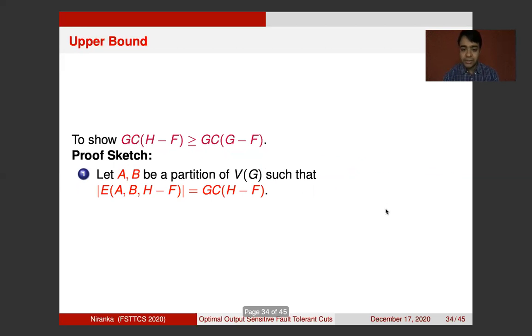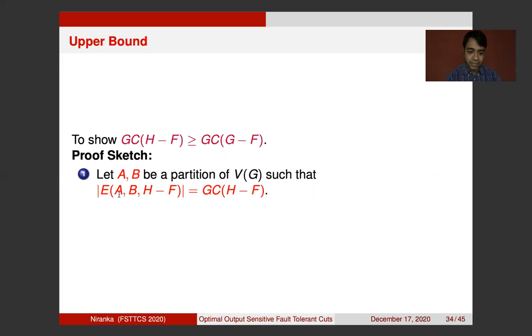To show this, what we do is take a partition A comma B of the vertex set V(G), such that, okay, I need to describe this notation.